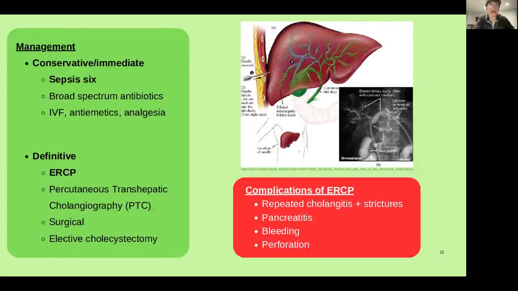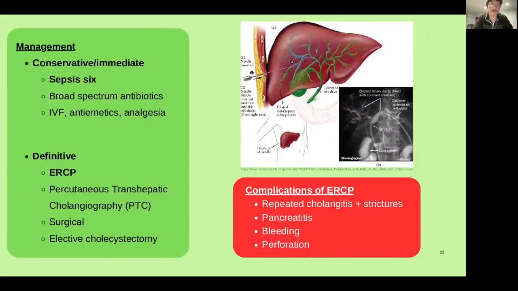But if ERCP is not suitable for whatever reason, percutaneous transhepatic cholangiography is another thing that you can consider. So you go through the skin to cannulate the bile ducts through the intrahepatic bile duct in the liver itself.